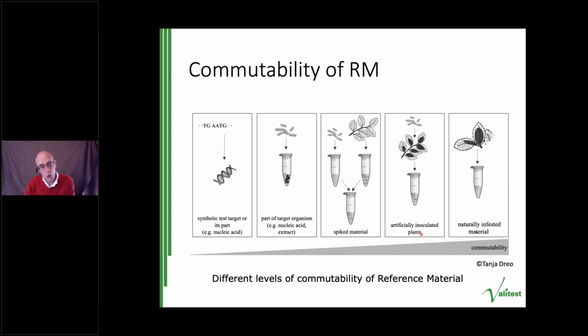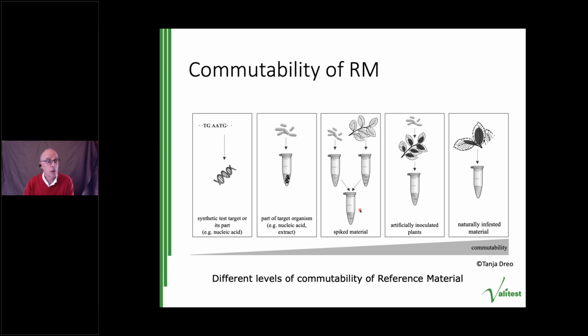The further you go to the right, the more it resembles naturally infected material. So you can have different types and sometimes even some things in between, but it goes from clearly synthetic material down to purified material, and that's only a part of your target organism.